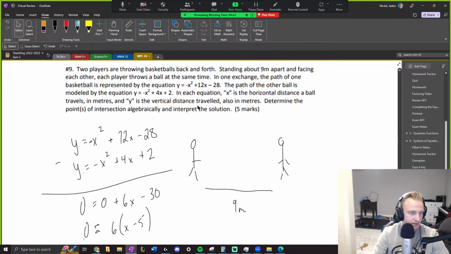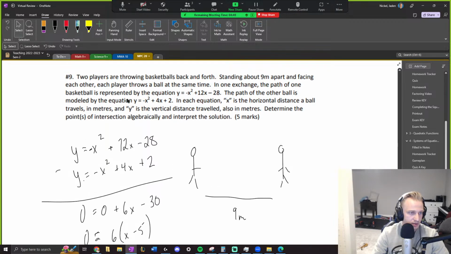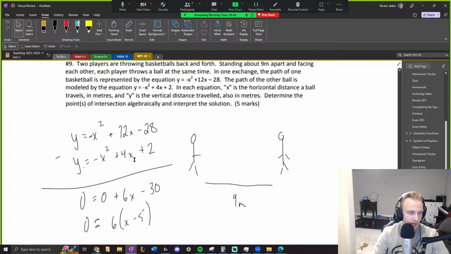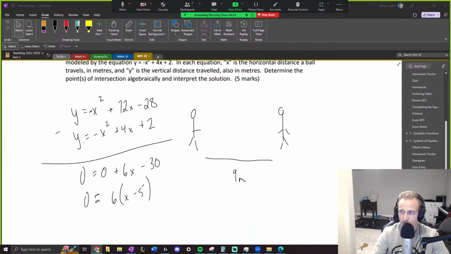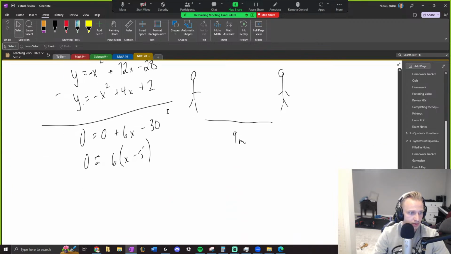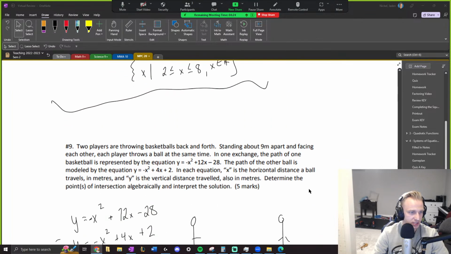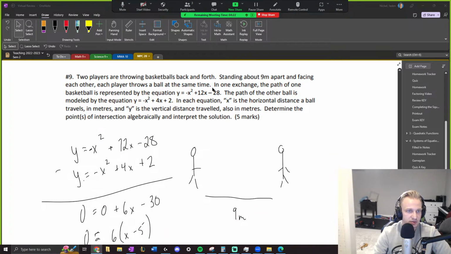Did I do that right? Let's see. Looks that way. When you do that, you get x is equal to 5, which is not the case for the point of intersection. Interesting.